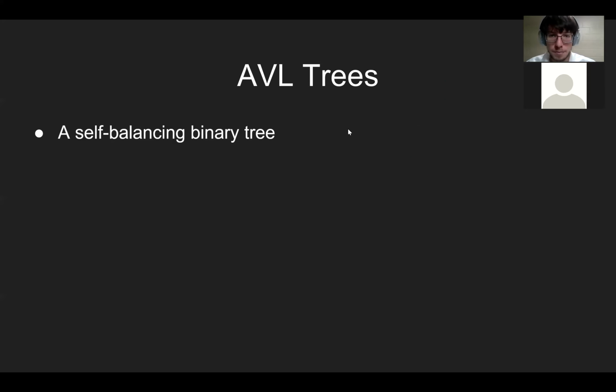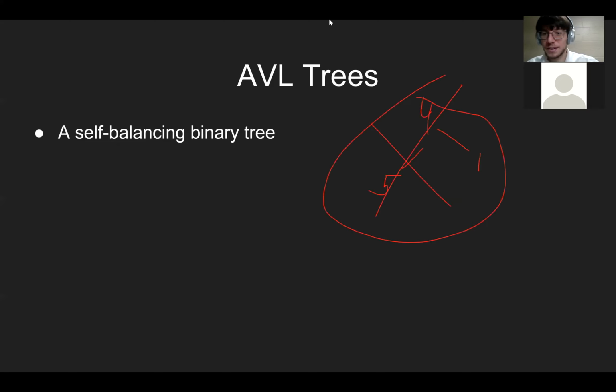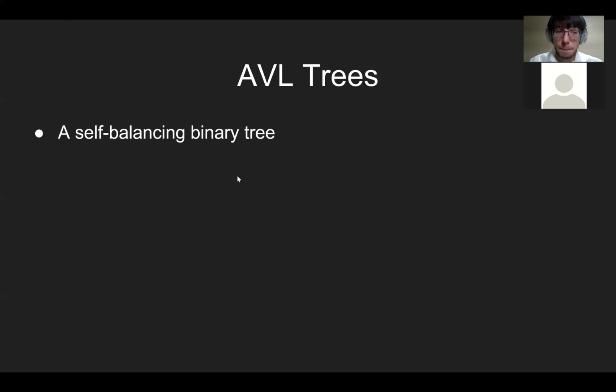It's not a binary search tree because the 5 is on the left of 4 and it's greater, and 1 is less than 4, but it's on the right. So AVL trees are self-balancing binary search trees.